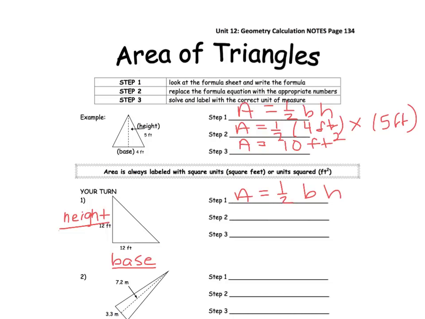Step 2, A equals 1/2 times 12 feet times 12 feet. A equals 72 feet squared. And remember, we're calculating area, so it's always squared. Now you try the next two on your own.